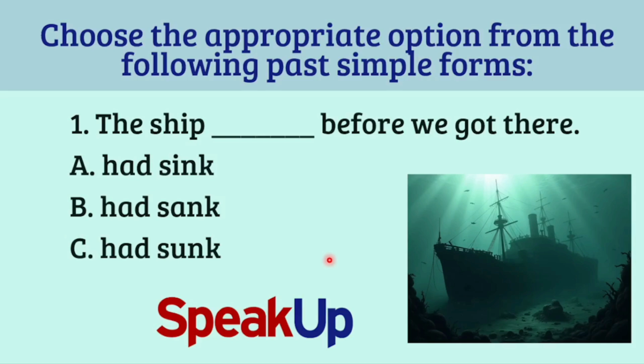Which one is the correct alternative? Think about it. Just some seconds for you, and the correct answer should be letter C, had sunk. It is an auxiliary verb, but we need to use the past participle of the verb as you looked at in that table previously shown to you here.